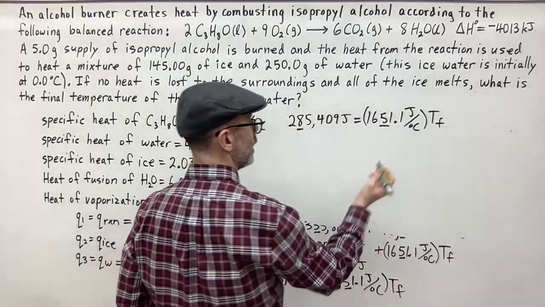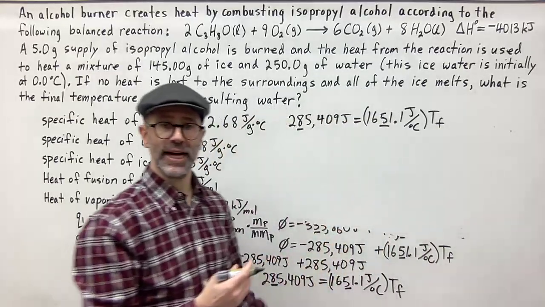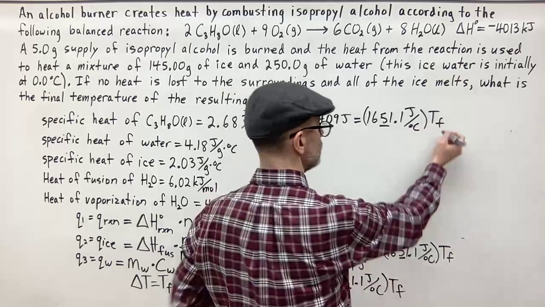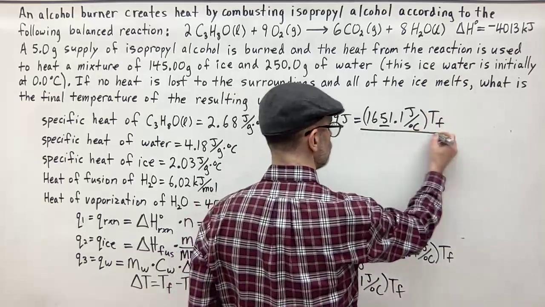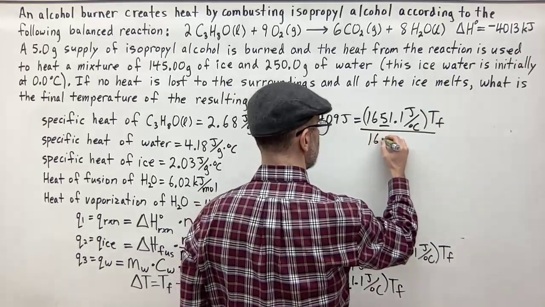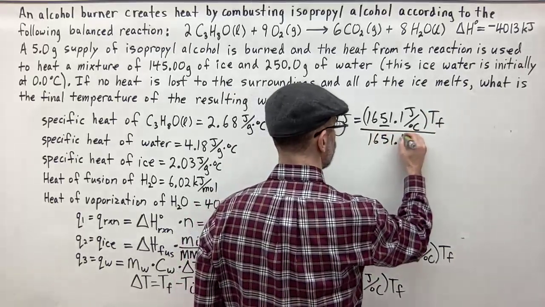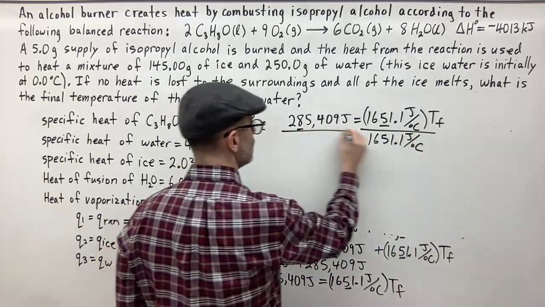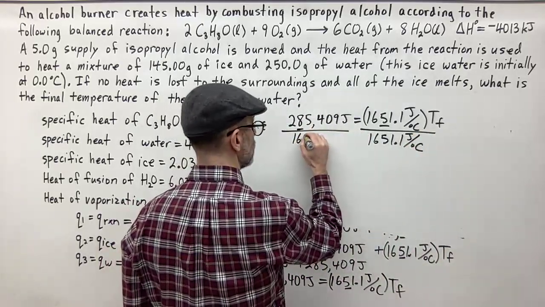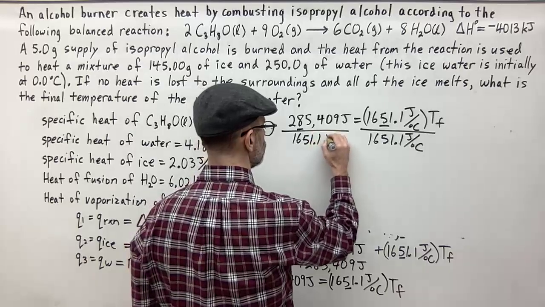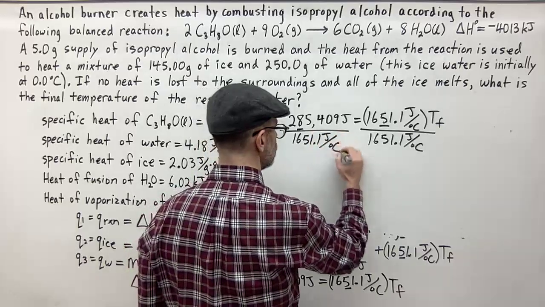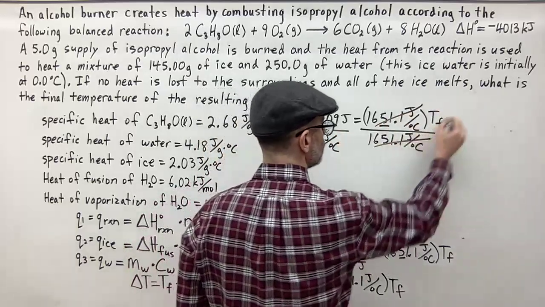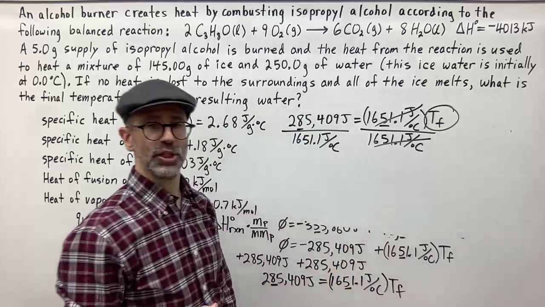And then all I need to do is divide both sides by this to get the final temperature by itself. So divide this by 1651.1 joules per degree Celsius. Divide this side by 1651.1 joules per degree Celsius. This cancels out, leaving me with final temperature.